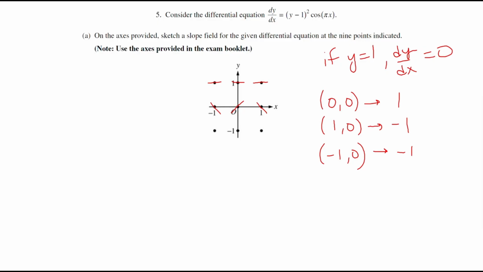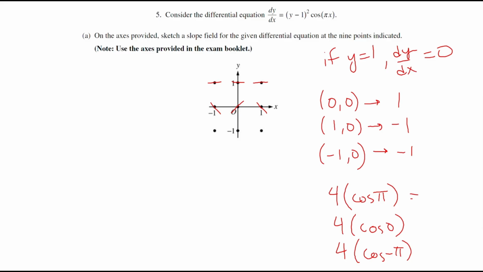Then moving down here to when y is negative 1. So when y is negative 1, we're going to have negative 1 minus 1 squared. So that's negative 2 squared, or 4. So we're just going to get 4 times either the cosine of pi, the cosine of 0, or the cosine of negative pi.